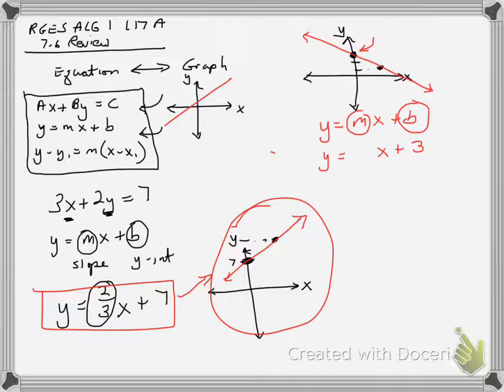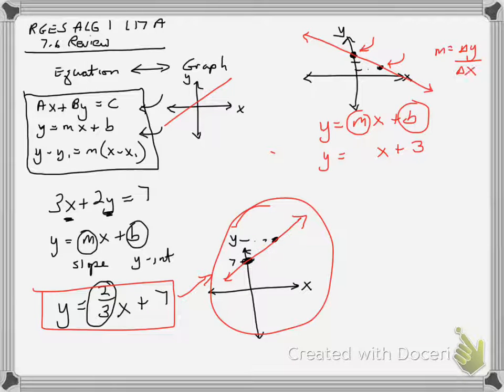And my m would be motion in an upward or downward direction from that point to the next point. So I'm going down 2 and right 2. Recall that the numerator of the slope is the change in y over the change in x.